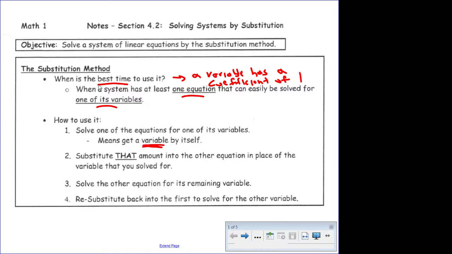And then substitute that amount into the other equation in place of the variable. I'm going to do it for you in a sec, don't worry. I know it's hard when you see the words and you don't do an example at the same time. And then solve the other equation for its remaining variable and resubstitute. Let's do it and I'll show you how it works.